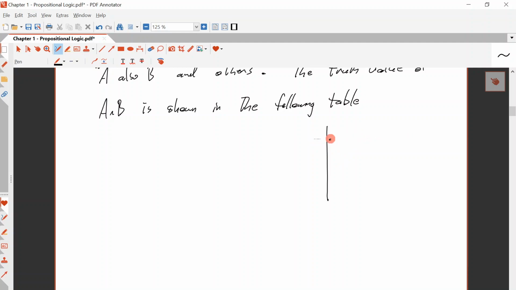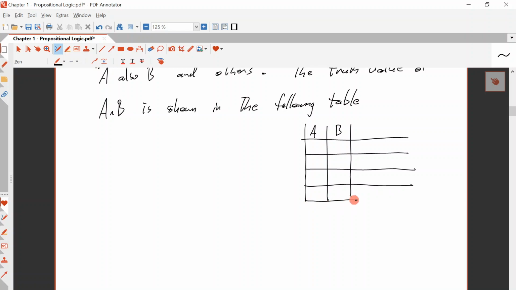We've got these two propositions, A and B, and each one of A and B could be either true or false. Well, in order to get all possible combinations, we write it like this. For A, we write true, true, false, false, and then for B, true, false, true, false. That gives us all possible combinations of truth values for A and B together.